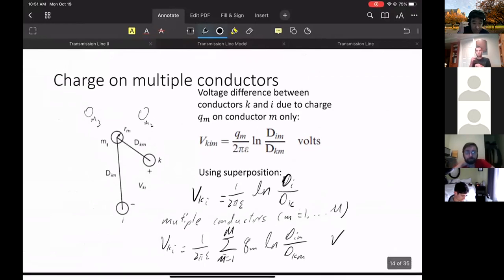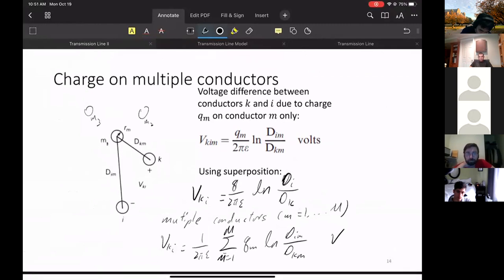Is the first equation that you wrote supposed to have a q in the numerator before the natural log? Yes, there's always a q. That's a charge. I forgot the q.